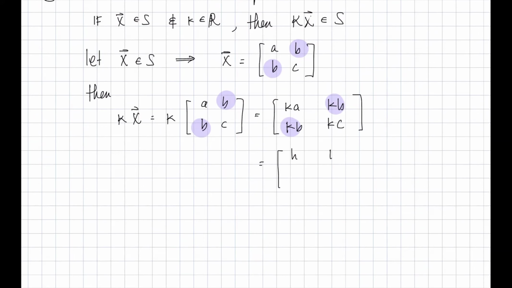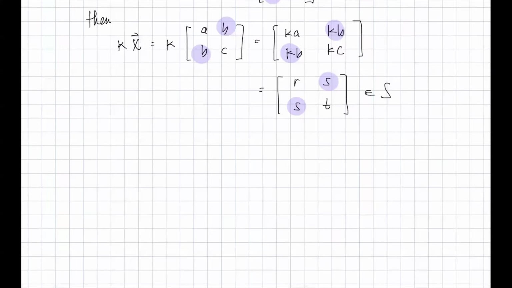Oh, I already used k. I'm running out of alphabet. [r, s; s, t]. This is another symmetric matrix, and it has the same format. So S is closed under scalar multiplication, the operation of scalar multiplication.